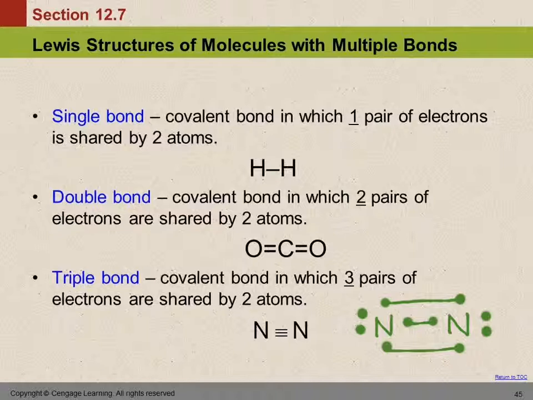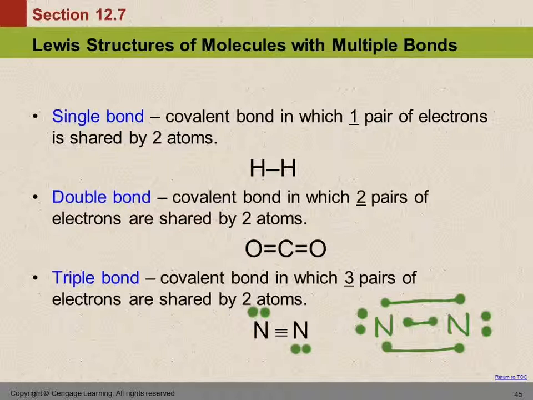Any questions? So if you're writing that out, you write that N with 3 lines in between it, and where would you put the additional electrons? I would put the dots probably over here, like this, just because that looks nice. But if you wanted to put them on the top, or if you wanted to put these on the bottom, it doesn't matter.